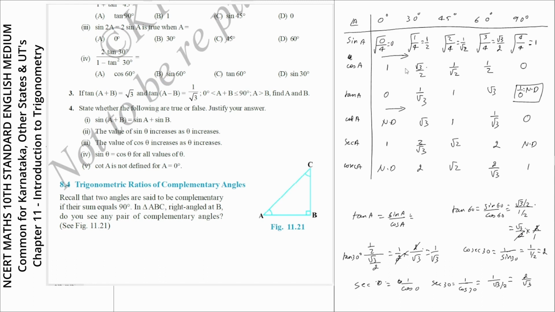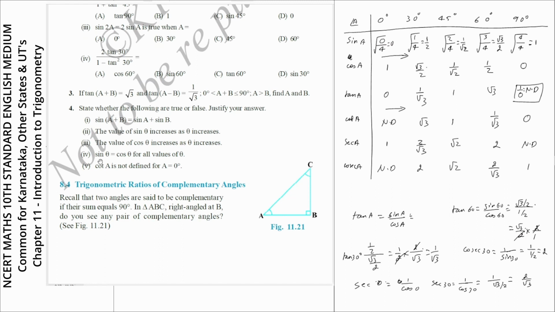Then cos 90 is 0, lesser than all these values. So as theta is increasing, cos theta is decreasing actually. So the statement that the value of cos theta increases as theta increases is false.